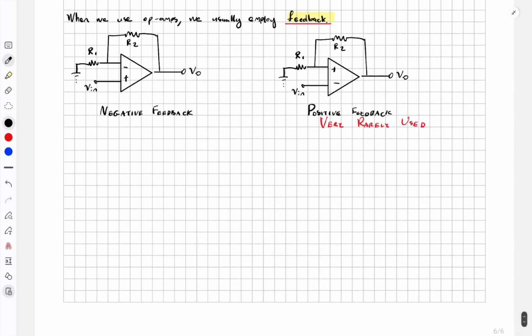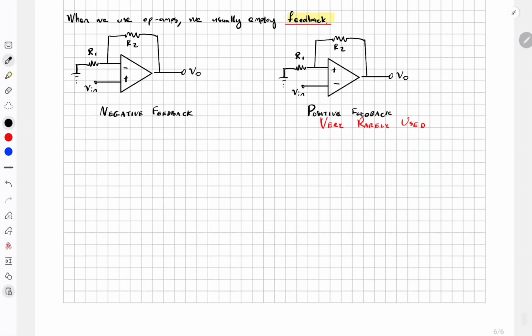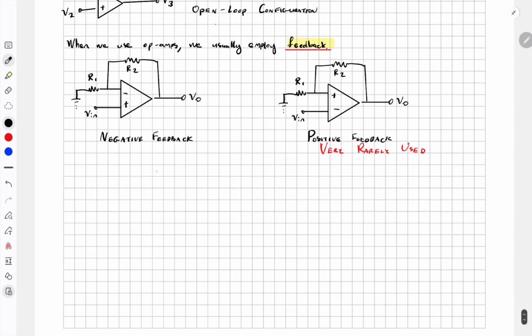Now, within negative feedback, there are two configurations. Actually, let's talk about this. We have the op amp. We can use the op amp either in open loop configuration or with closed loop, called feedback. And within feedback, there's negative feedback. There's also positive feedback.